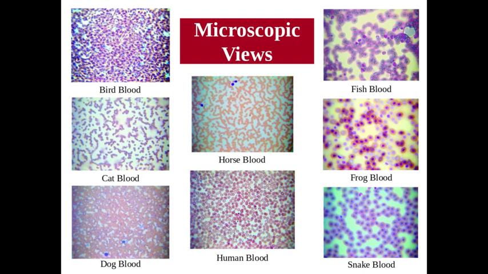And as you can see, each of these blood types have a subtle difference to them. They don't all look exactly the same. And that's important for understanding if there's dog blood at a crime scene. That might not be helpful for finding a murderer. But if we found human blood, that might be.